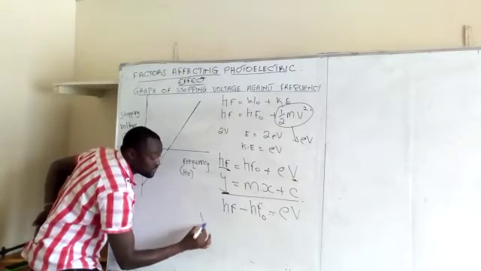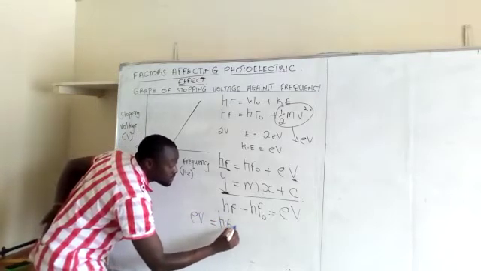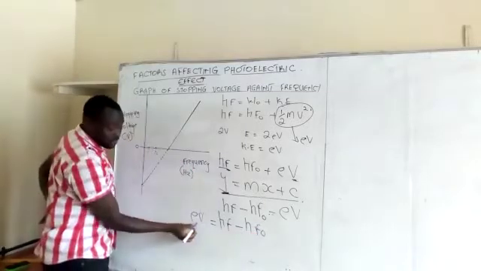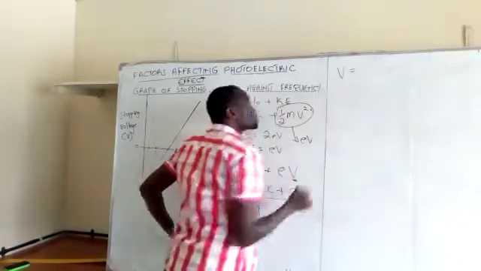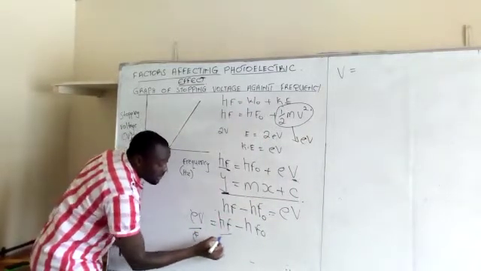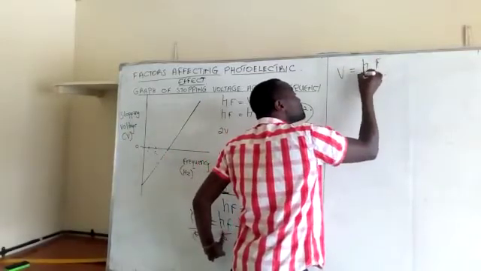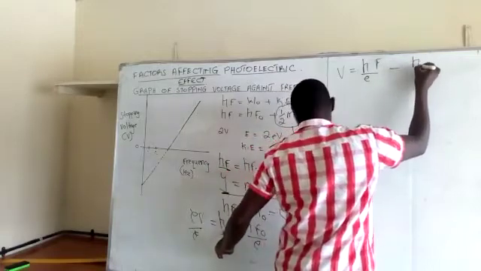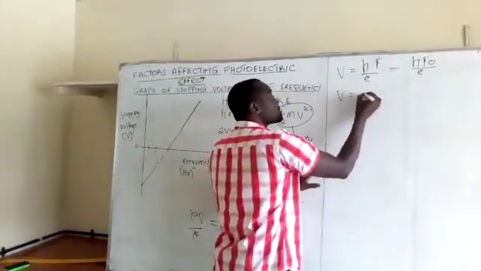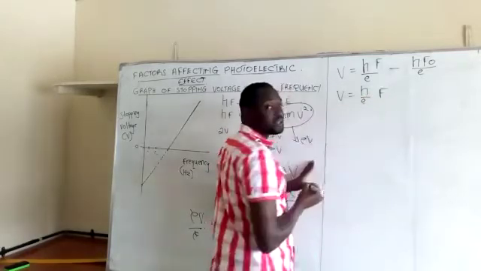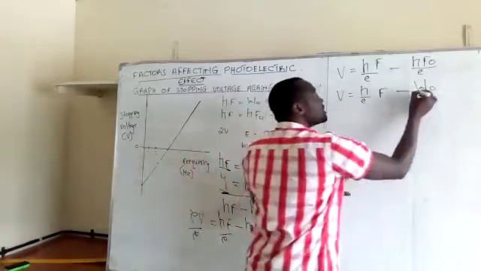We still want to have V on its own, so we divide through by e, the electron charge, so that we'll have V equals hf over e minus hf naught over e, which will give us V equals h over e times f minus W naught, the work function, over e.